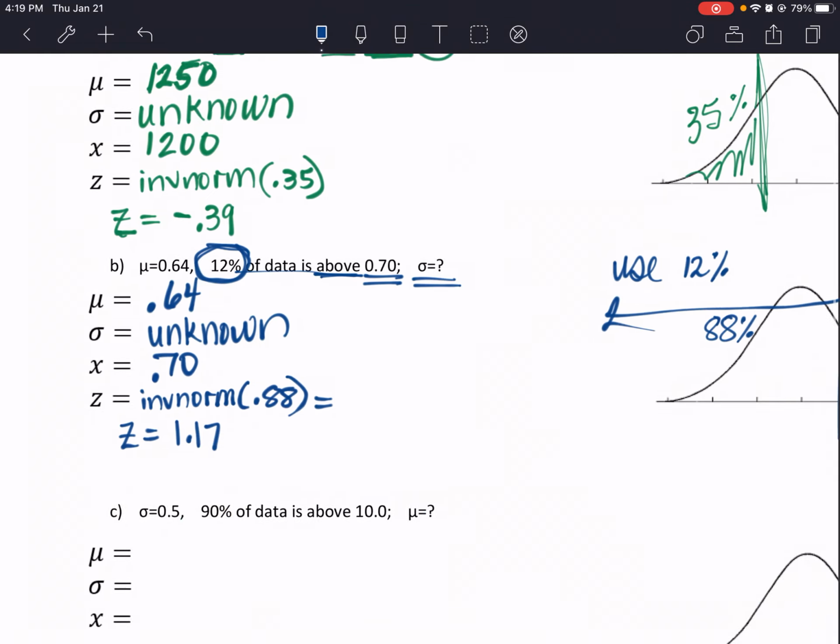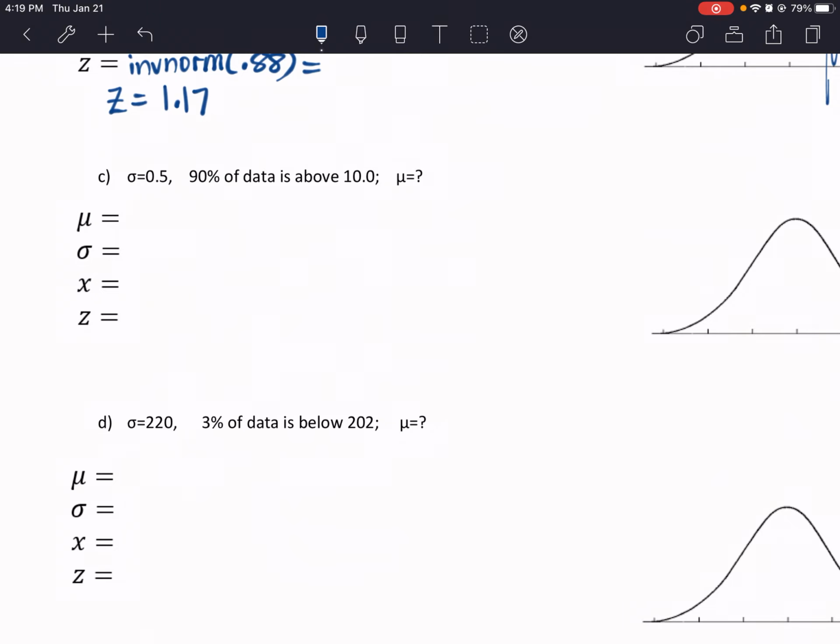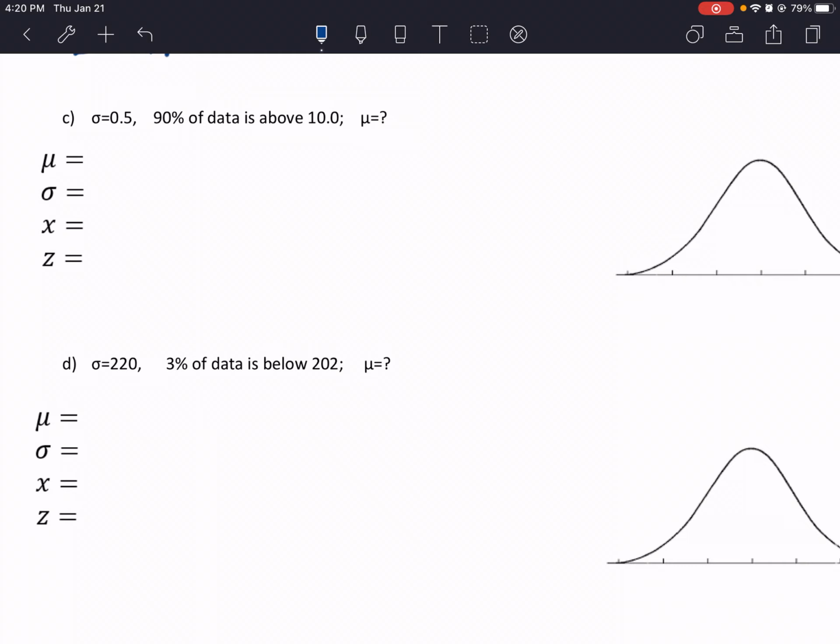And let's take a look at parts C and D. So here we go. Part C. Okay, look, I see right off the bat, they tell me the standard deviation is 0.5. All right, 90%.